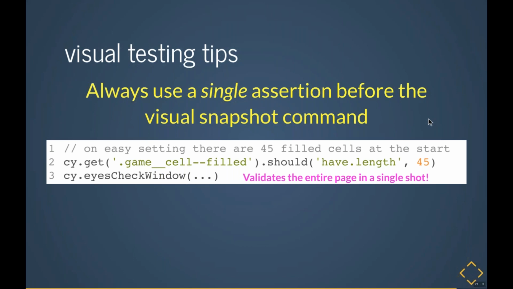Exactly. You can actually remove parts of your test because the visual assertion is so effective because it checks the whole thing. By the way, we use eyes check window and we check the whole page, but Applitools can also check an individual selector. So you can compare parts of a page. But as you can see with component testing, we want to take a whole look and not just parts of it.